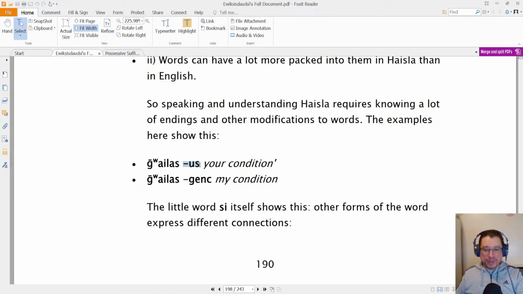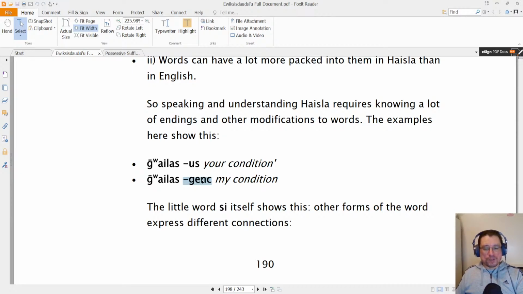There's a lot of meaning in these very small suffixes, very short words, also referred to as morphemes. So what I was talking about before, morphology, refers to morphemes, which are parts of words.